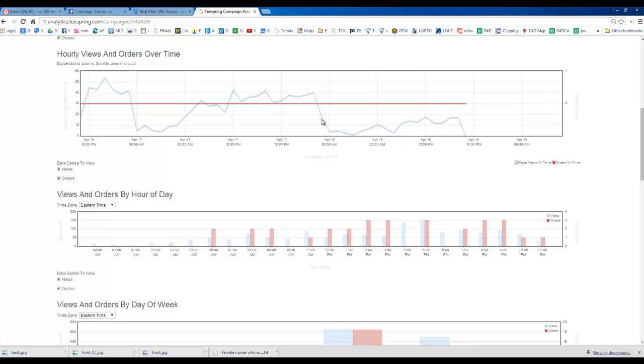So I would say this is probably where we want to chase it to, about 11 o'clock. If you were going to be turning your ads on and off, you'd probably want to do it right around 7 o'clock in the morning, and turn them off at about 11 o'clock at night, 7 to 11.